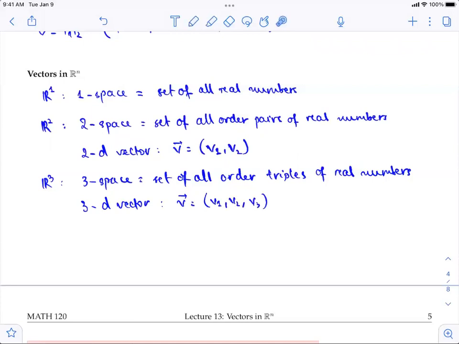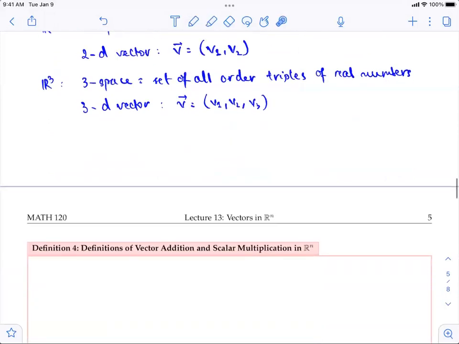Again, v1, v2, v3 are the components of the vector. You can do the same for 4 dimensions, 5 dimensions, or 4 space, 5 space, and so on and so forth. But in general, you can do Rn, which is n space, the set of all ordered n-tuples of real numbers.